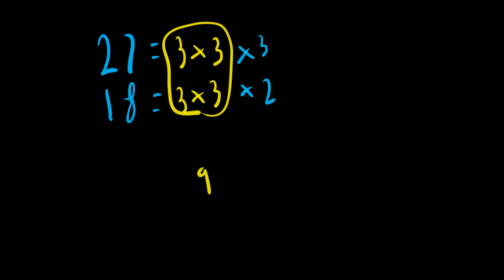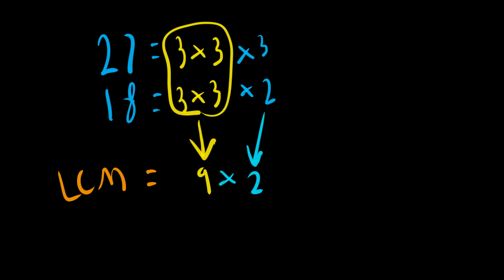So to find the least common multiple of 27 and 18, we take the greatest common factor of 18 and 27, and we also take the remaining factors that were not grouped in to find the greatest common factor.